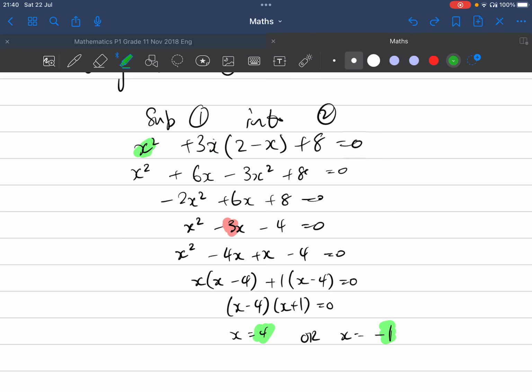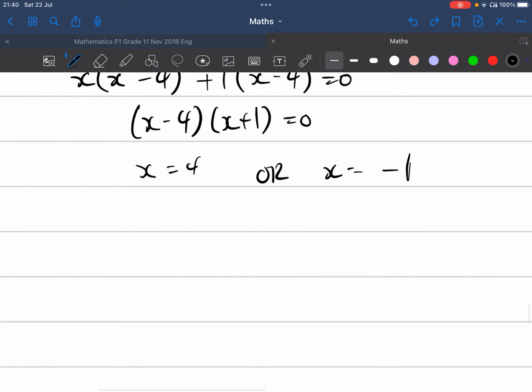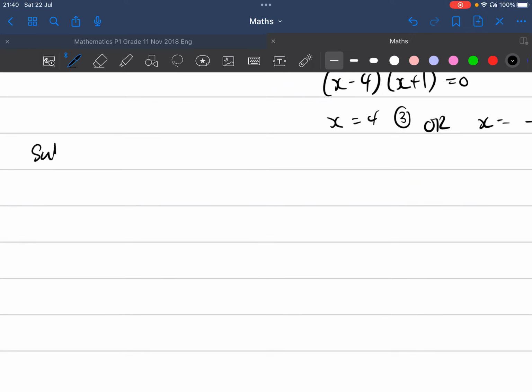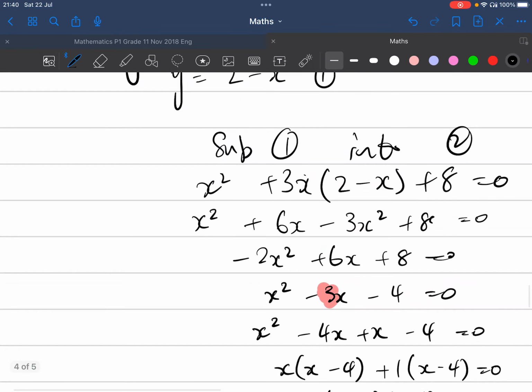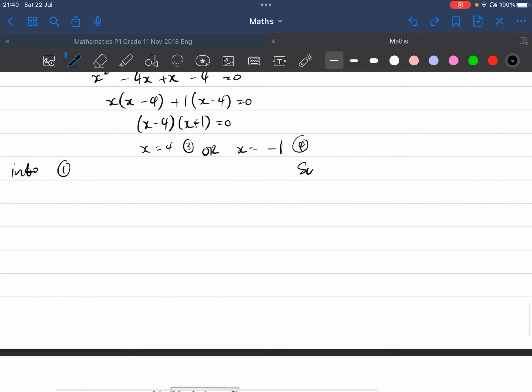And then you do the same for minus 1. Okay, but anyway, once you get your answers, now you can call this equation number 3, call this equation number 4. Okay, so take sub equation 3 into equation 1, which was this equation here, and at the same time you can sub equation 4 into equation number 1.